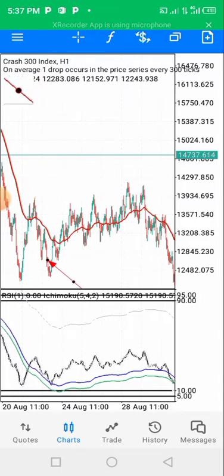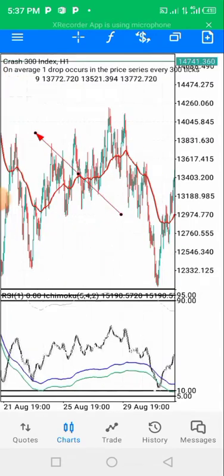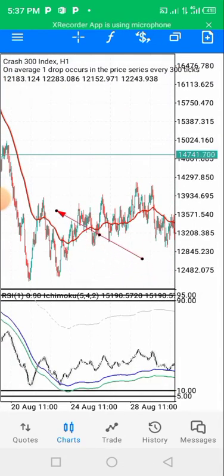It created a lower high at this level, which was higher than the previous low. And as you can see, the market came down here and there was a reversal at this level, pushing the market up.